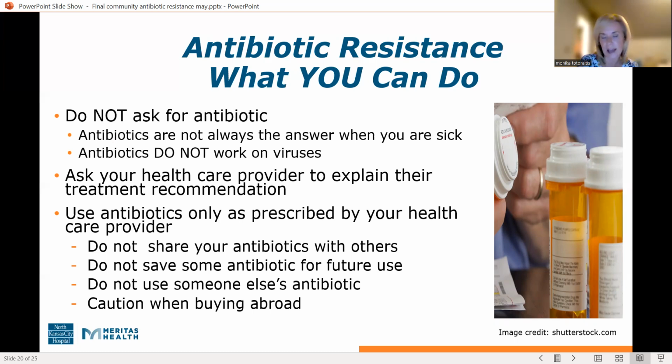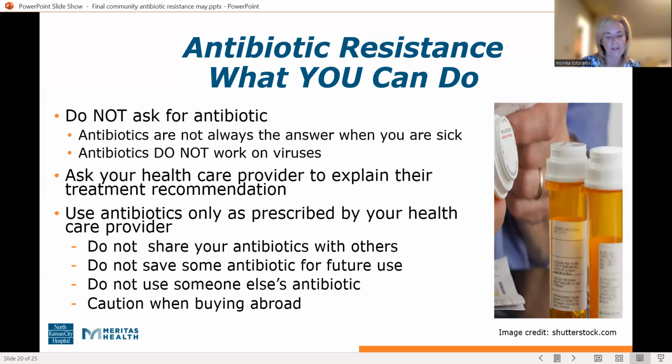It actually may delay their care with their primary providers. Don't save your antibiotic for the future. Again, you may not have a bacterial infection, and that antibiotic may not work for you. The same being stated, don't take someone else's antibiotic.